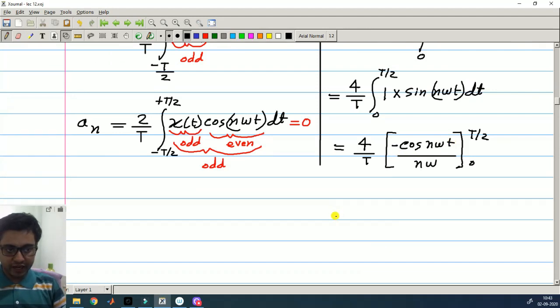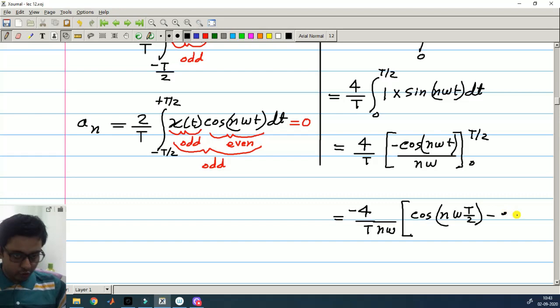Now this you can write as 4 over T, take this minus outside, and n omega is again a constant, and inside the bracket we have cosine n omega T/2 minus cosine 0, which is 1.